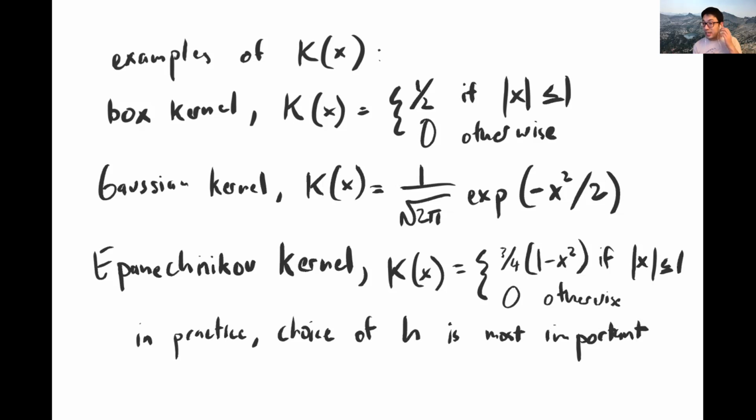And how do you choose the H? Same thing we've always been saying, right? H is the parameter that controls how tightly you fit to the data. As your H gets really large, you're more subject to bias.